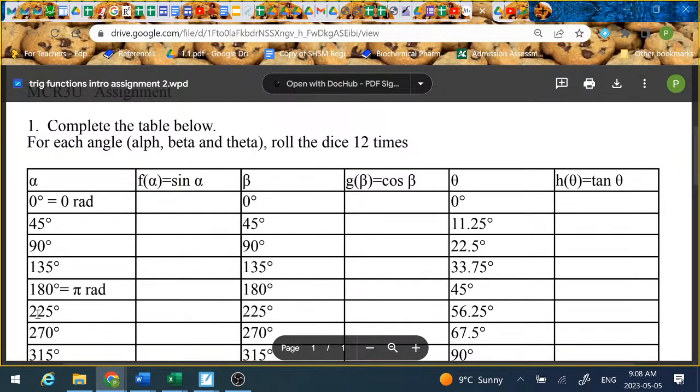So you already know what the sine of 45 degrees is, which means you know what the sine of any multiple of 45 degrees is.